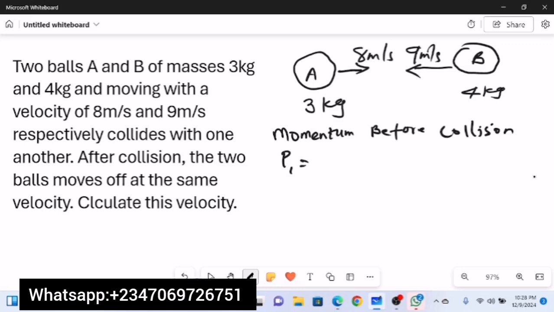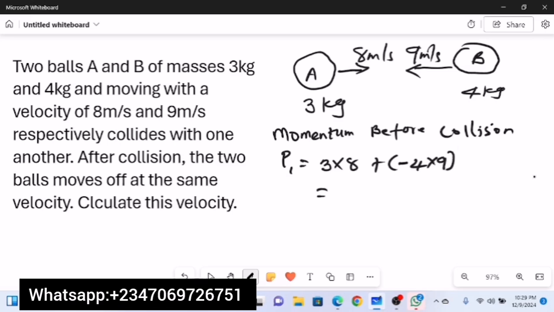Momentum of A is mass times velocity, 3 times 8, plus, since ball B is moving in the opposite direction, its momentum will be negative, so minus 4 times 9.